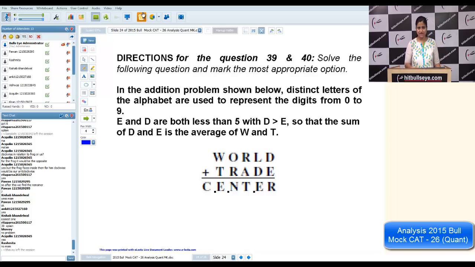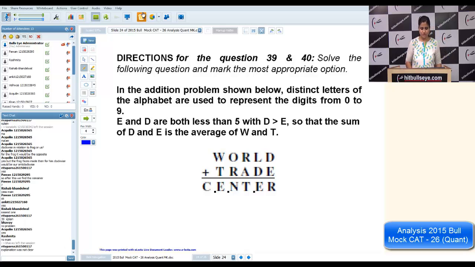Whenever I get any AR or DI question, a set or caselet, I always go through the set. Rituparna, no need of explanation. See, two questions were very direct. If I go to question number 40, I think we have question number 40 with us.